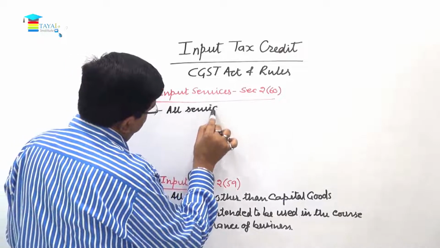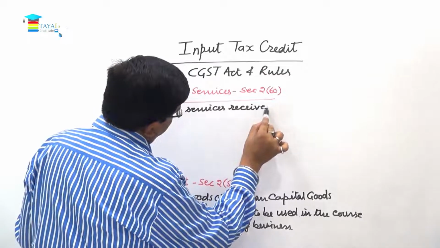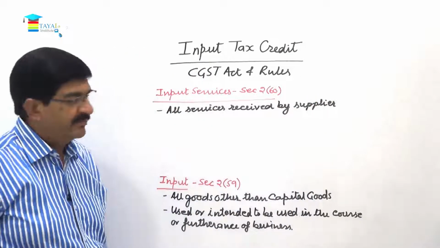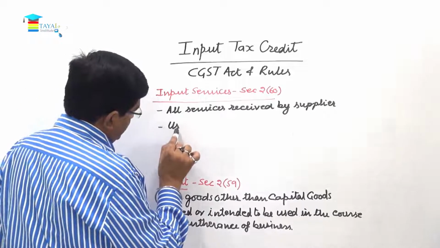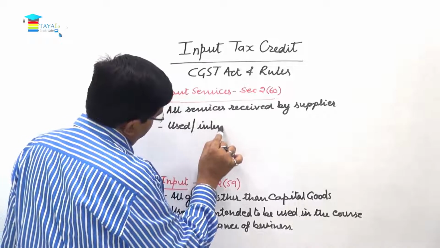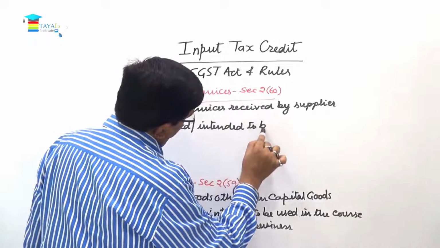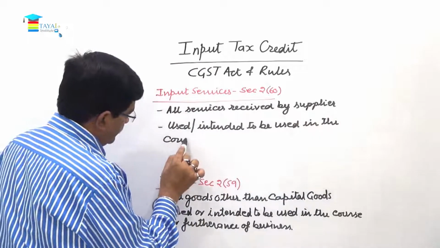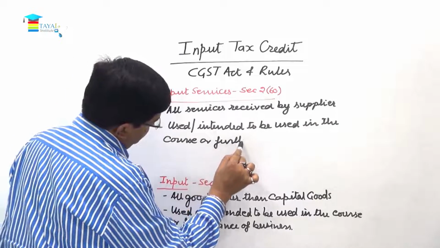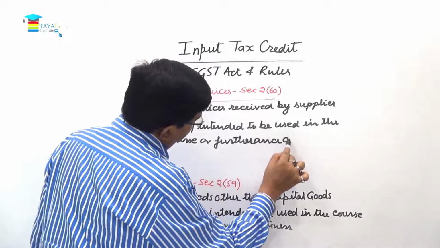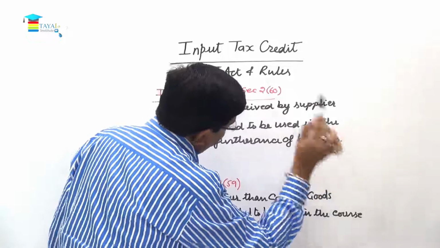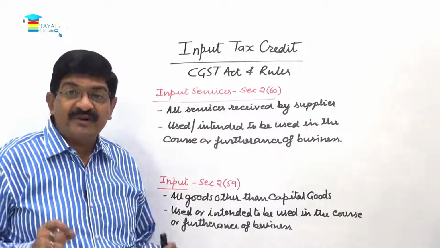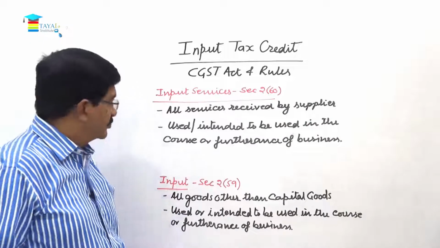So main 3 definitions, which are capital goods, input and input services, those are very, very important because those are the terms we are going to use throughout the chapter. So those 3 are already defined now.